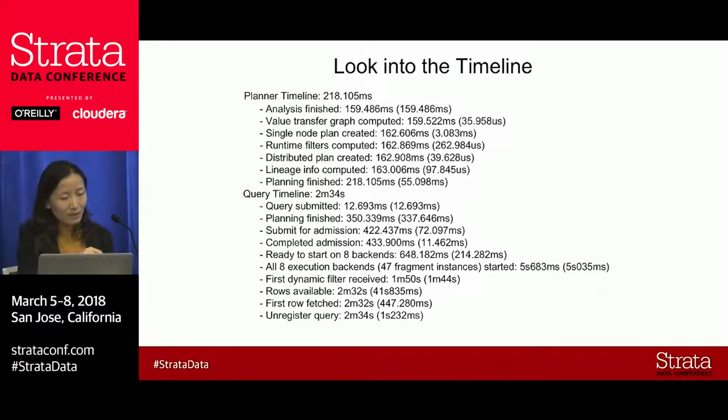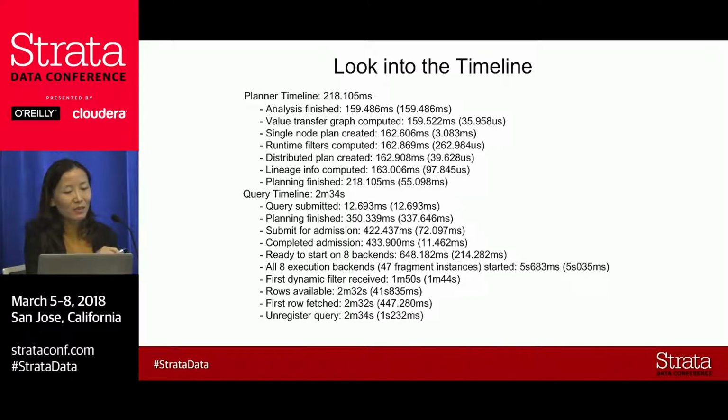So next thing is the query timeline. The query timeline is split into two parts, front end and back end. The planner timeline is the front end one, and the query timeline is the back end. The front end has a lot of detail, but usually you don't need to care too much about it.